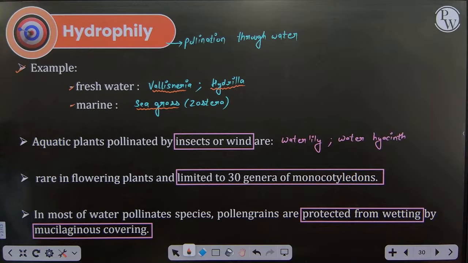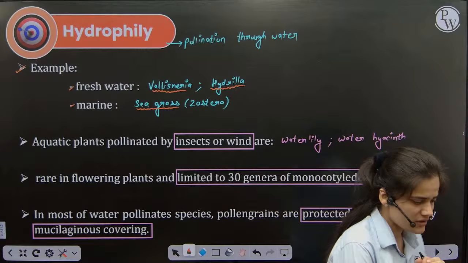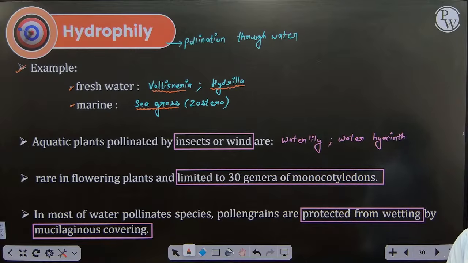Now, there are some other examples of plants or flowers which are present inside the water but don't take any help of water to get pollinated.